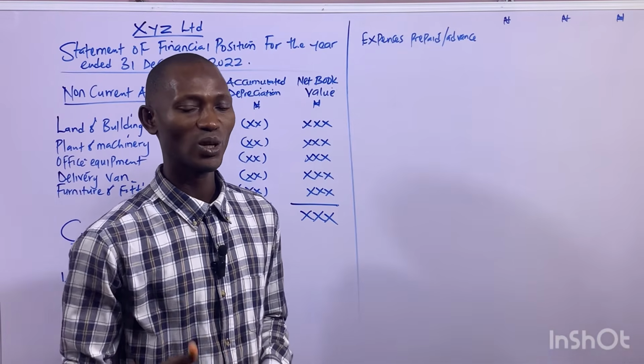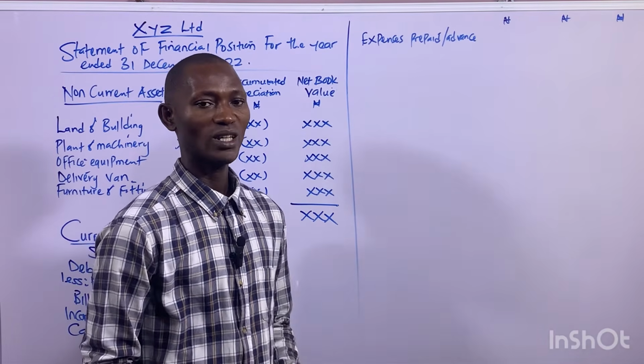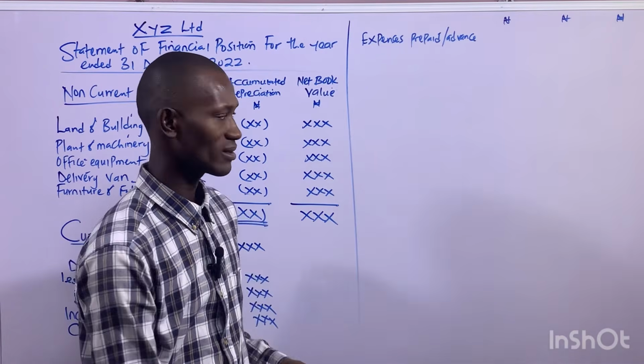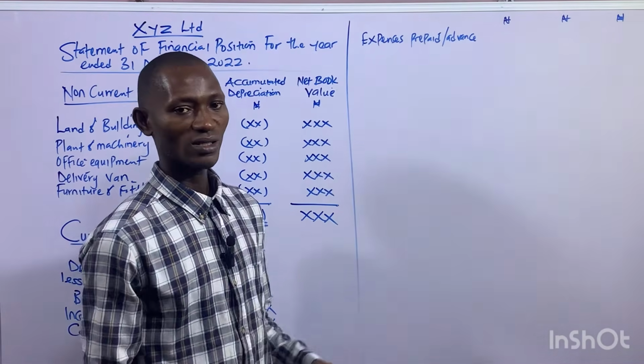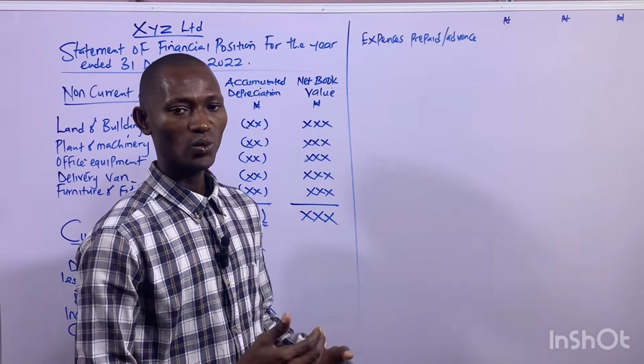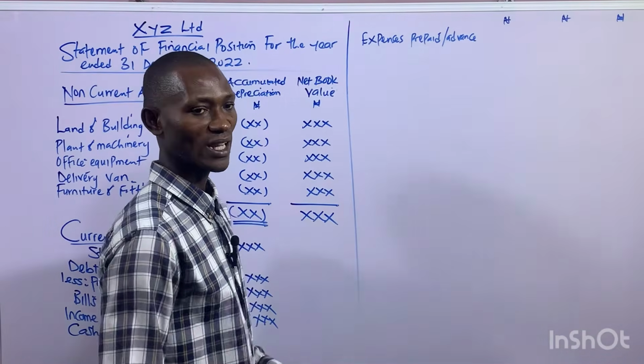So it is considered a component of current assets. So you have paid for a particular service, but you have not enjoyed that service. It is prepayment. So be it electricity prepaid, insurance prepaid, rent prepaid, wages or salary prepaid, and all that. It's a component of current assets.